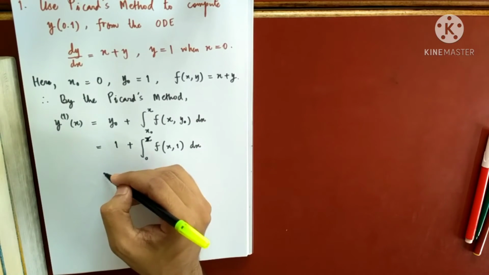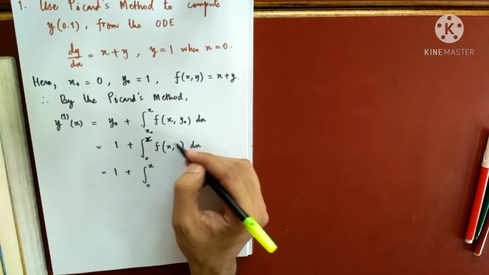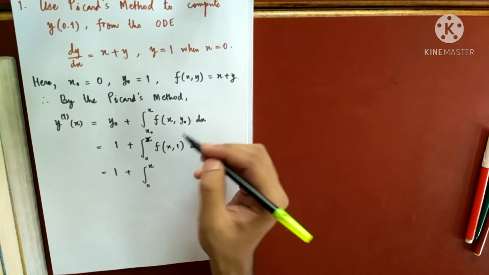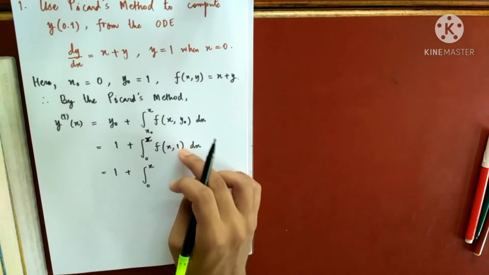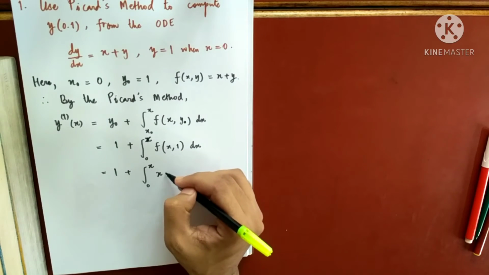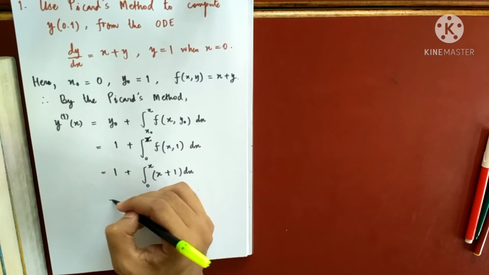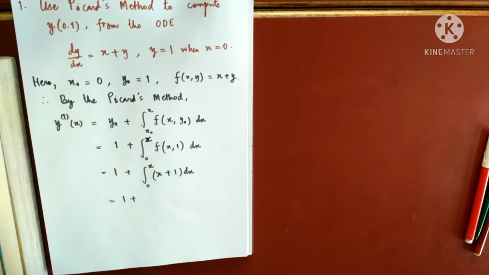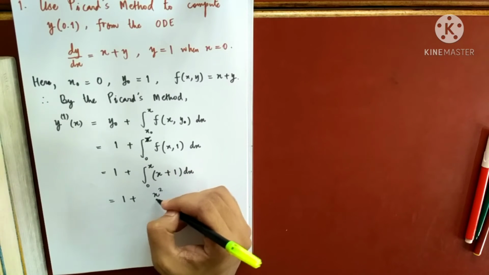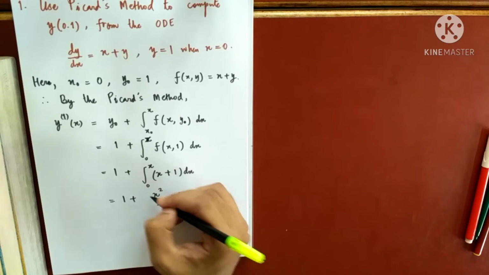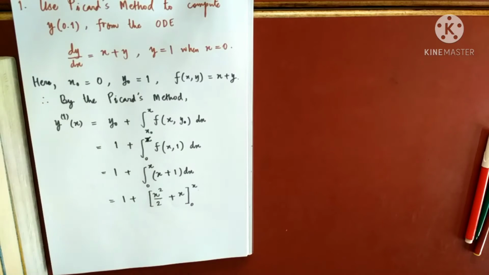Now what is the function? f of x comma 1, just add both the coordinates, that means x plus 1. Now you should know how to integrate this. I hope everyone is clear with the integration. So integration of x is x square by 2 and integration of 1 is x, from 0 to x.